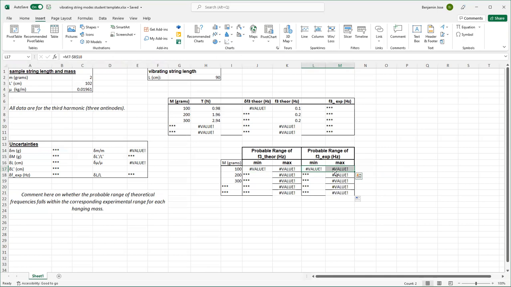If that's what happens, then you should feel really good about the legitimacy of the theory that we're using here. And the other way around wouldn't be so good if the experimental range was inside the probable range. I guess both of those would count as agreement, but let's think about this for a second.